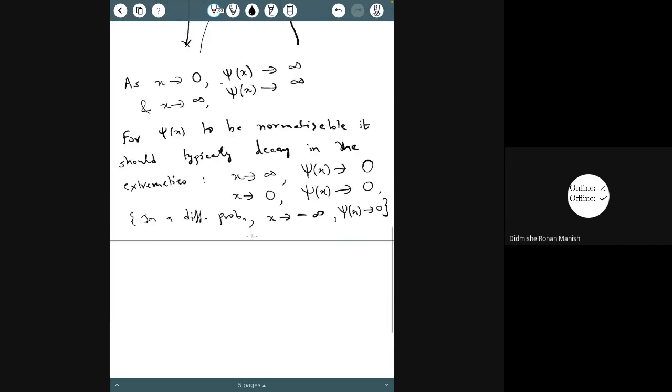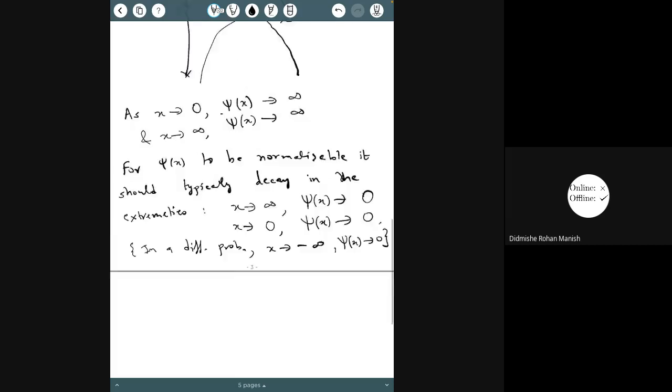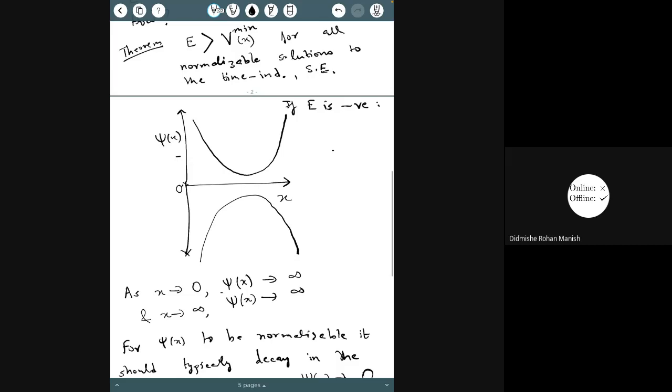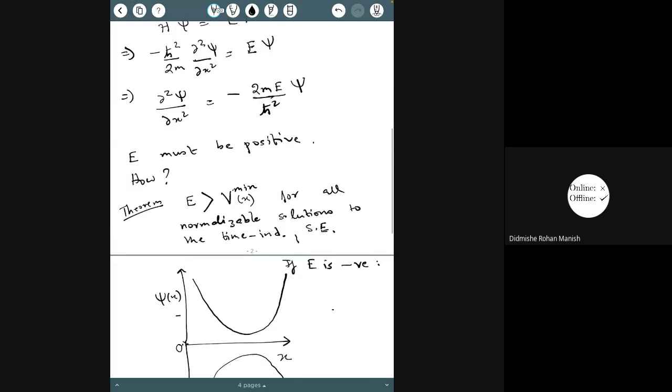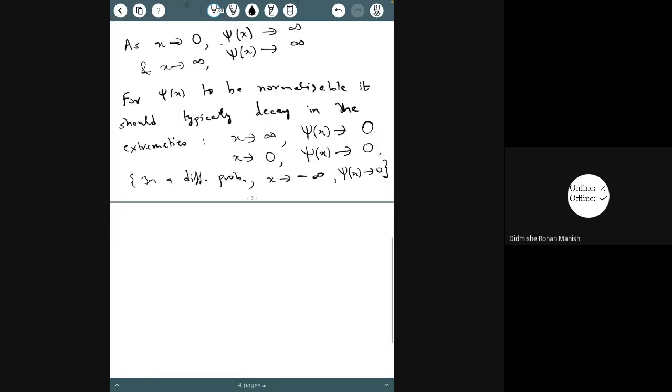So that's why here, for a normalizable solution, E cannot be negative. So E must be positive. And if E is positive, then of course this whole quantity is also positive, and I can write this as k square.